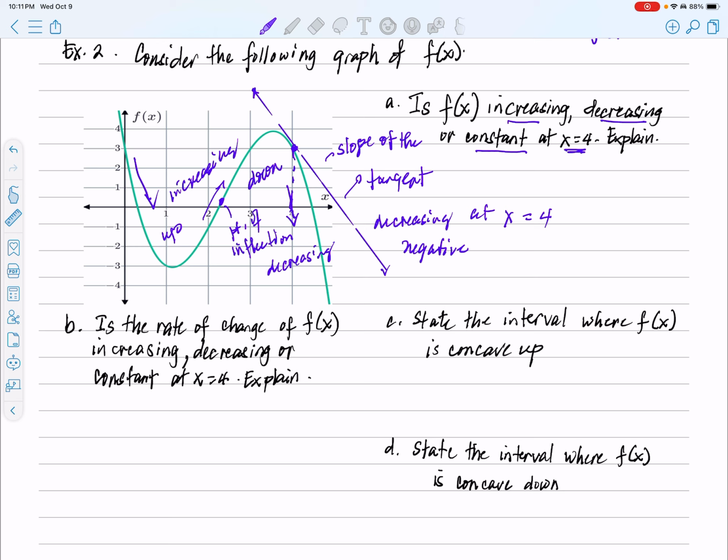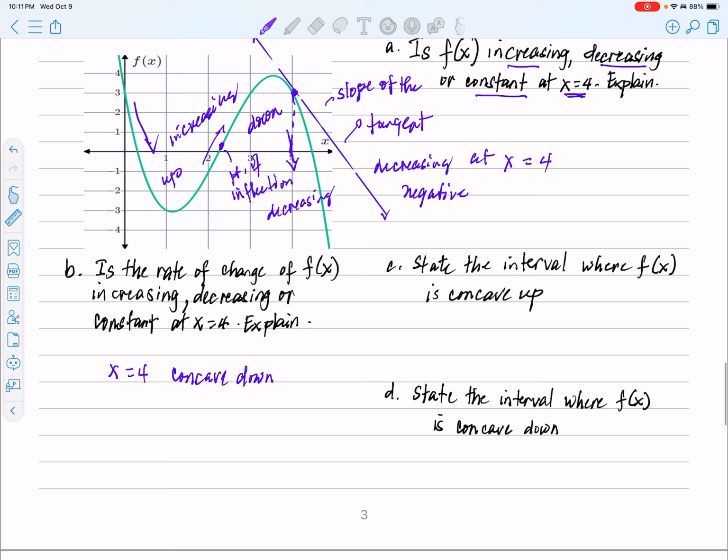So we can see at x equals 4, the function is concave down. So at x equals 4, what do we have? The function is concave down.